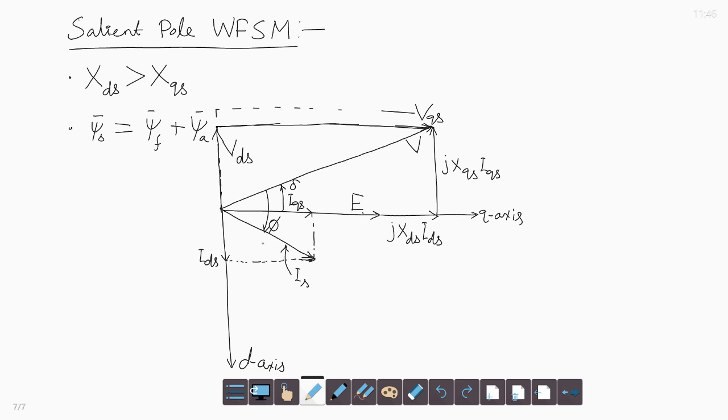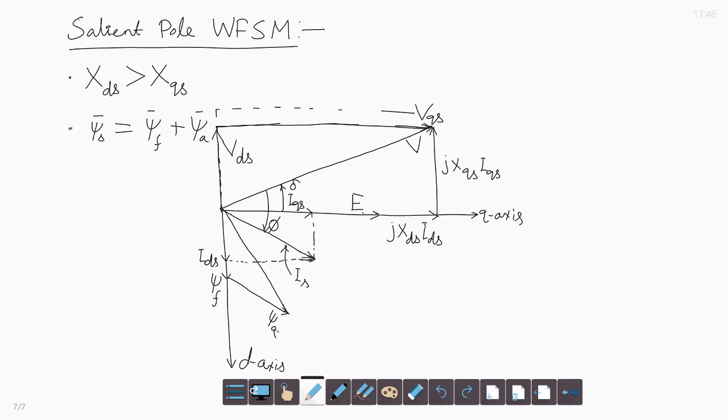Also, we will draw the flux linkage phasor diagram. At right angle to the V axis, we have the flux linkage psi f due to the field, and psi f plus the reaction flux linkage psi a, which equals La times Is.